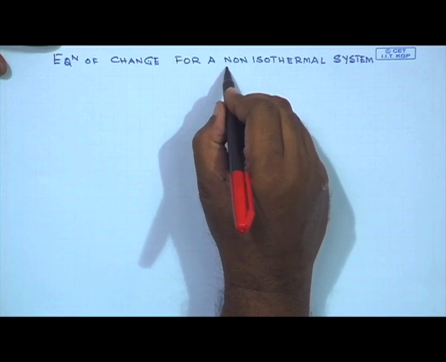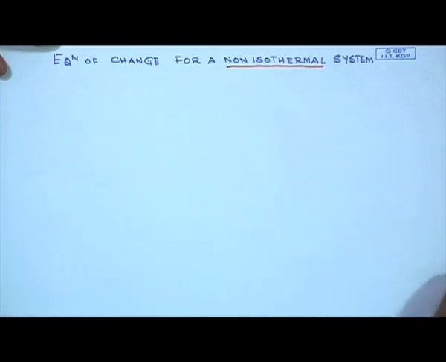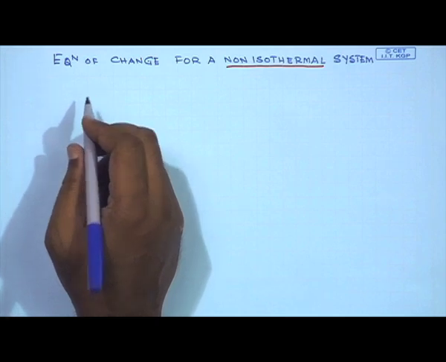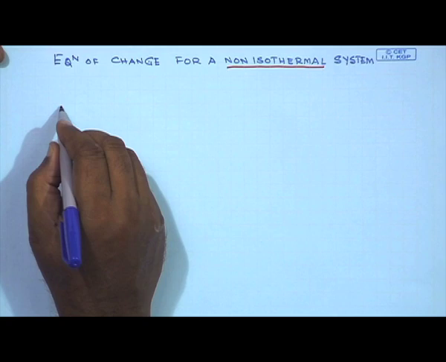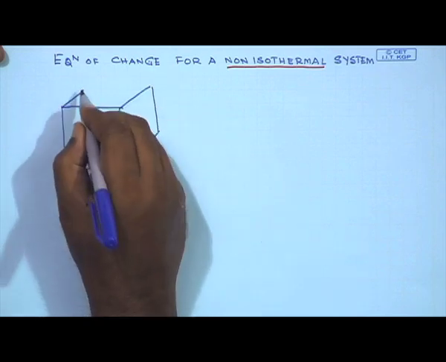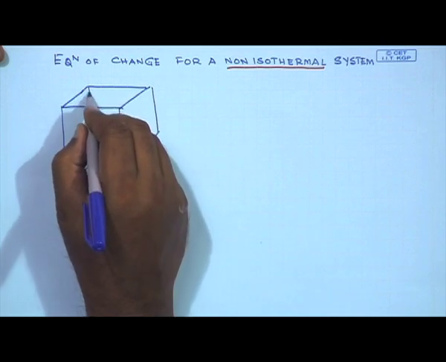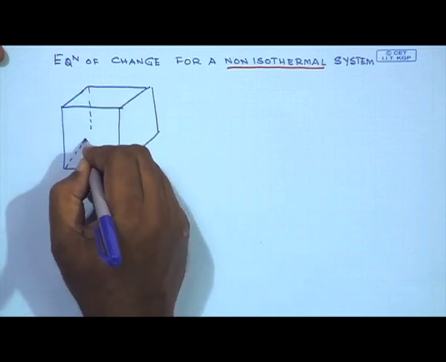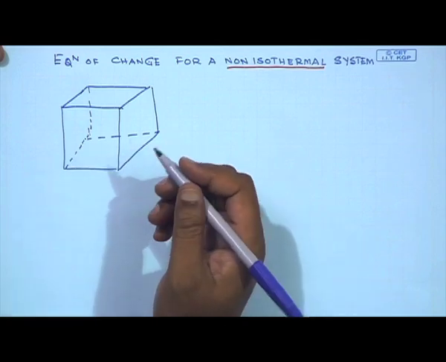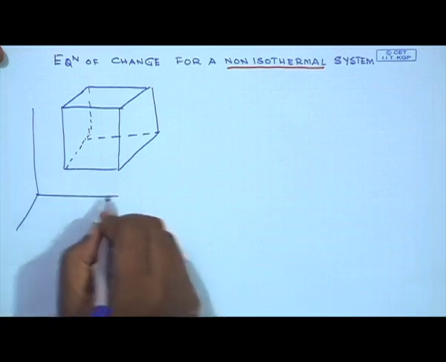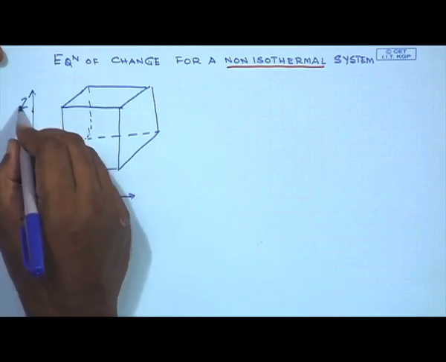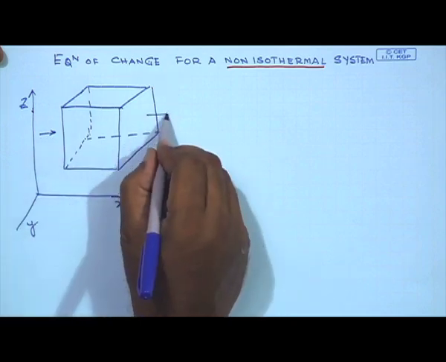So, this is the keyword, it is a non-isothermal system, and as before, we assume a stationary volume, as I said before. So, this is stationary with respect to x, y, and z, and fluid is allowed to come in and go out.